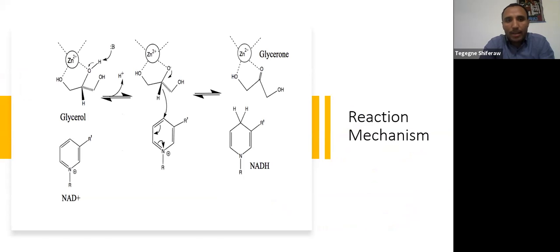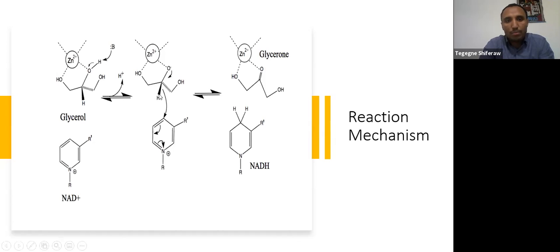This is the reaction mechanism, and as we can see, there is a nucleophile here. That nucleophile takes the hydrogen away, and doing so moves these hydrogens to the oxygen. And when oxygen is negatively charged, the two lone pairs will come back to the carbon, and they form a double bond.